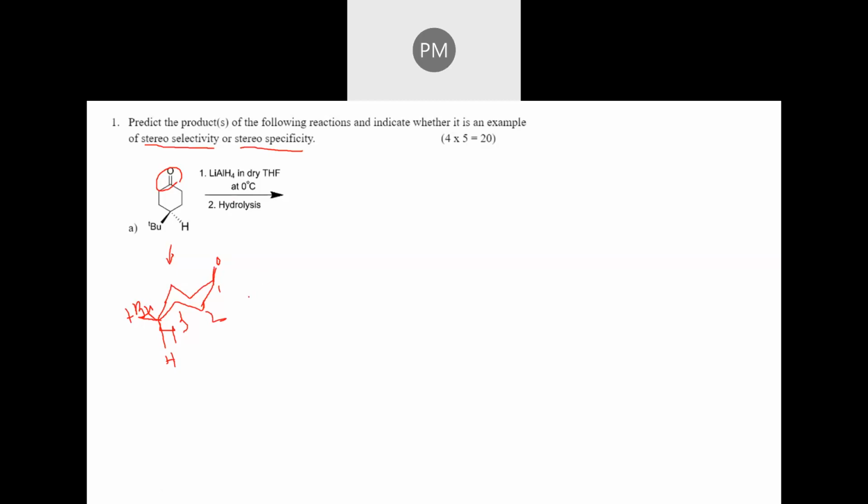So two products will form. One product will be like this, where H will be above, and there will be a secondary alcohol, only OH, and we have the tert-butyl group.